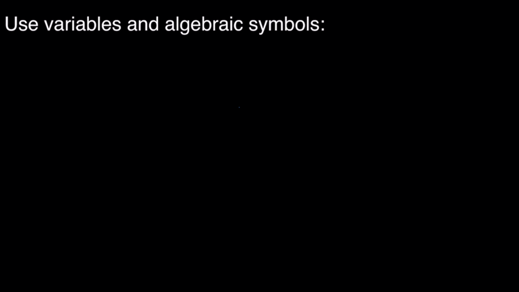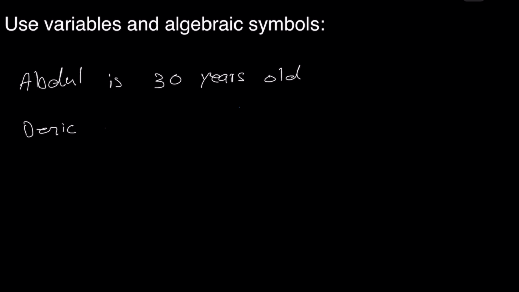For example, if I say Abdul is 30 years old, it's just an example, and Derek Brown is 55 years old.